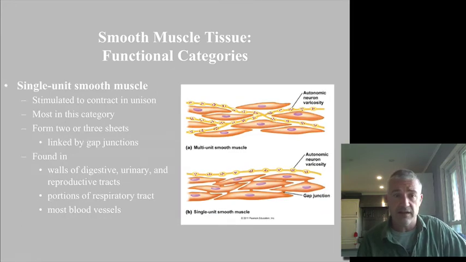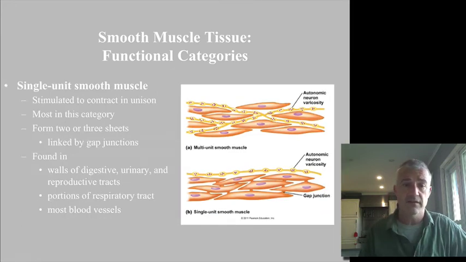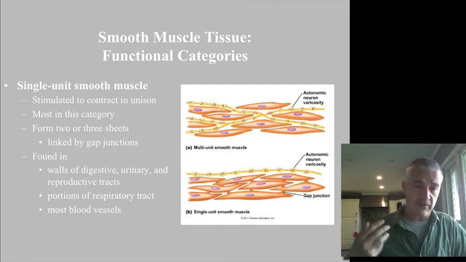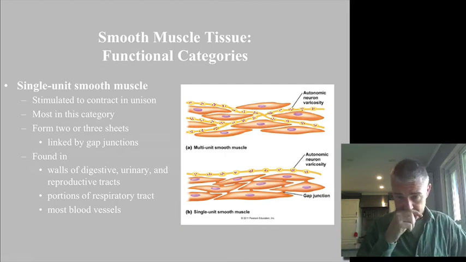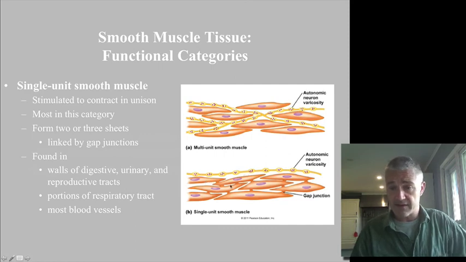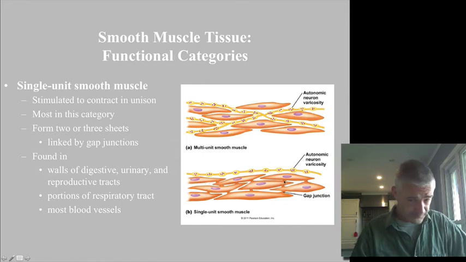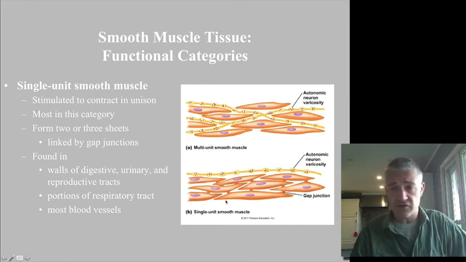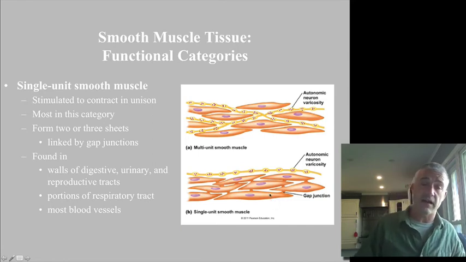The other option is this single-unit smooth muscle, which is usually digestive tract, reproductive tract, and a lot of other blood vessels. On this one, you have these cells connected by gap junctions, so once you get a depolarization on these initial cells, it'll transfer through all these, and these actually function as a single unit instead of each cell having to get stimulated separately. If you stimulate one of these cells, it will cause stimulation of all the connected cells.